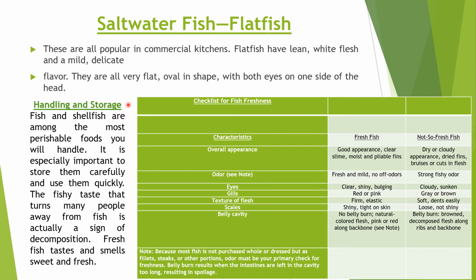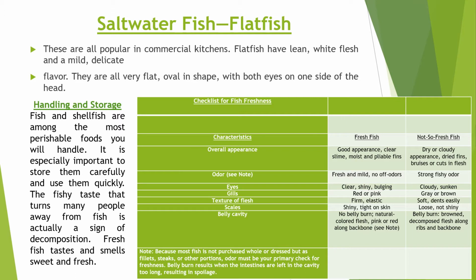But how I used to do it when I was working in restaurants to know if the fish was fresh was with the eyes. This is how I used to do my observations. When the fish is fresh, its eyes are clear, shiny, and bulging.